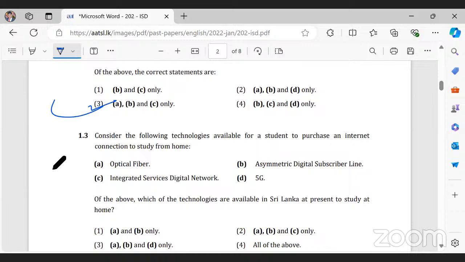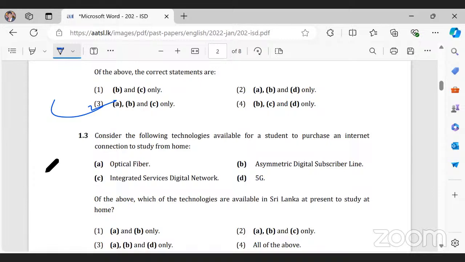Consider the following technologies available for students to purchase a connection to study from home: optic fiber, asymmetric digital subscriber line, integrated services digital network, 5G.